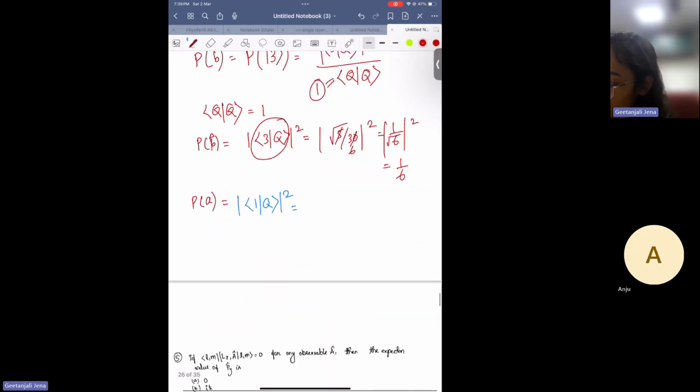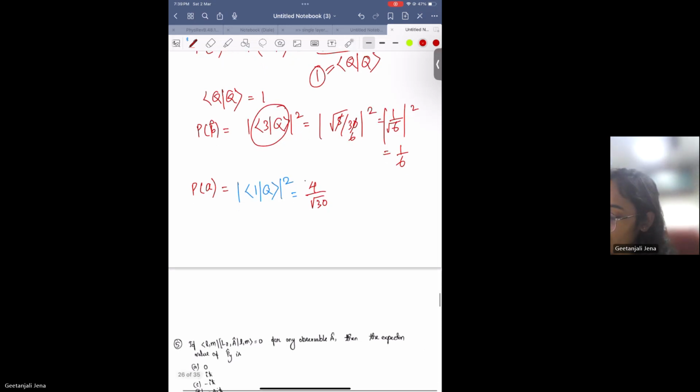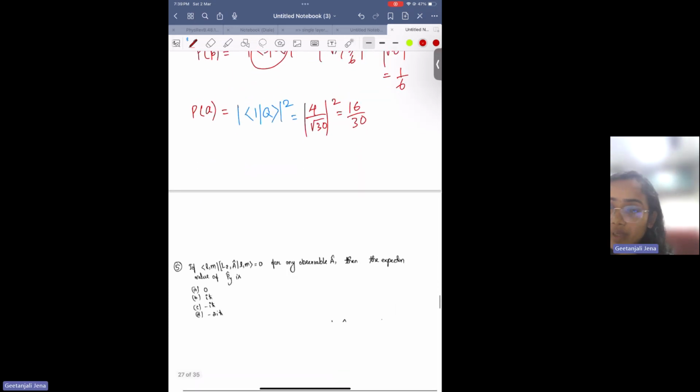So you will get probability 4 by root over 30 squared, which is 16 by 30. So this is the probability of calculating A and B.